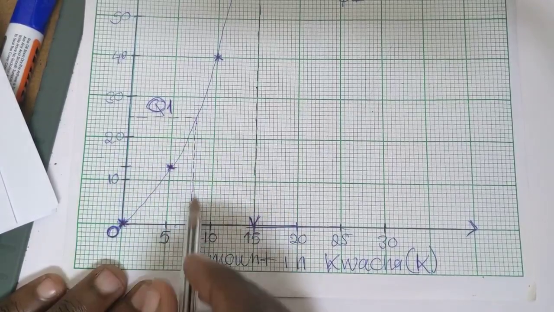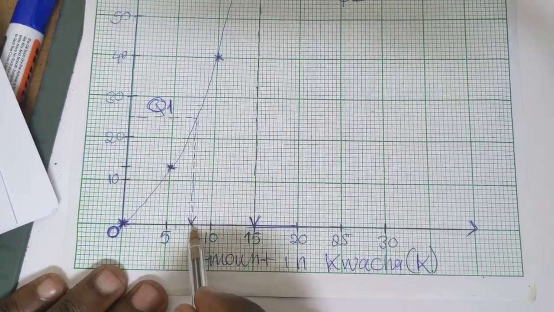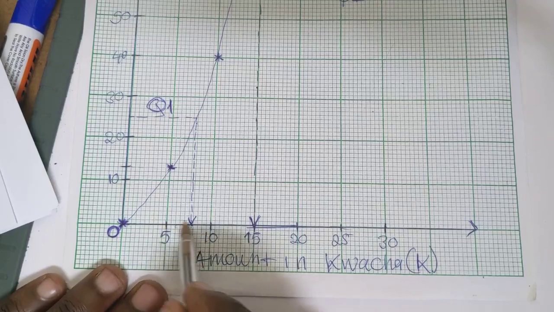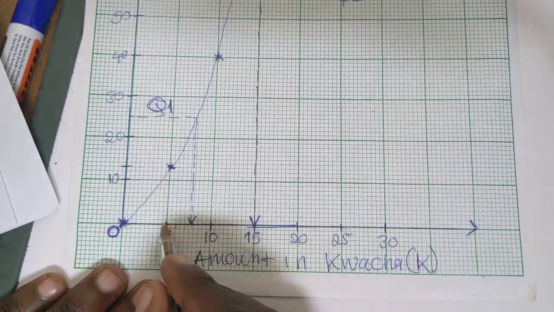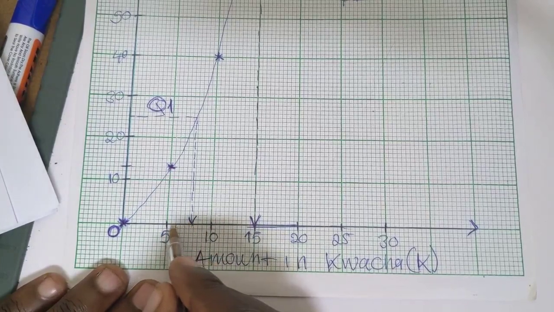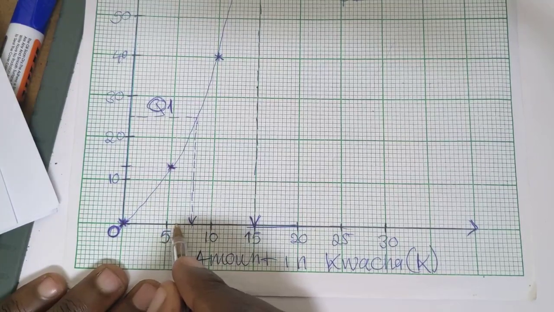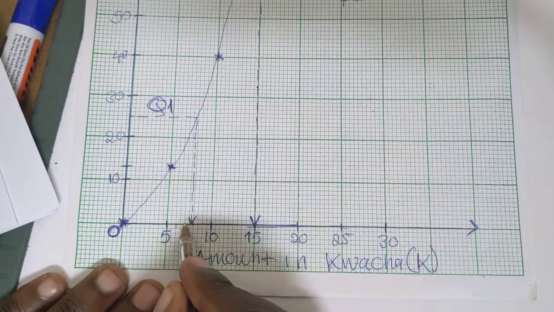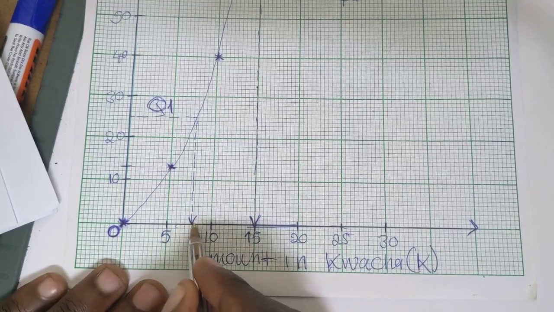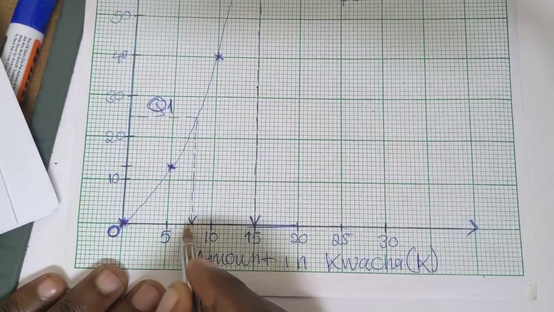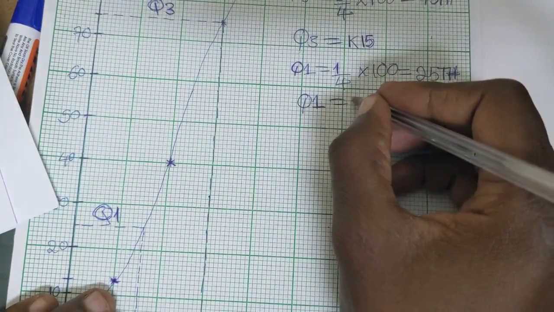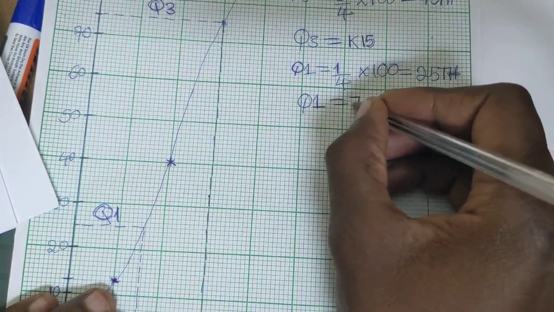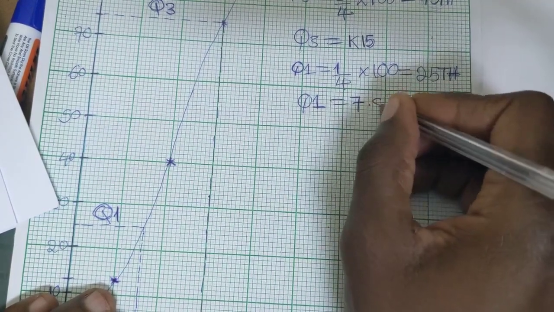These are just estimates, okay? So you find that your answer has to be in this range. It doesn't have to go above 10. So you can even write 7.8 because it is between 7 and 8. Here it's supposed to be 8, but you don't know the exact value, so just write 7.8 kwacha.